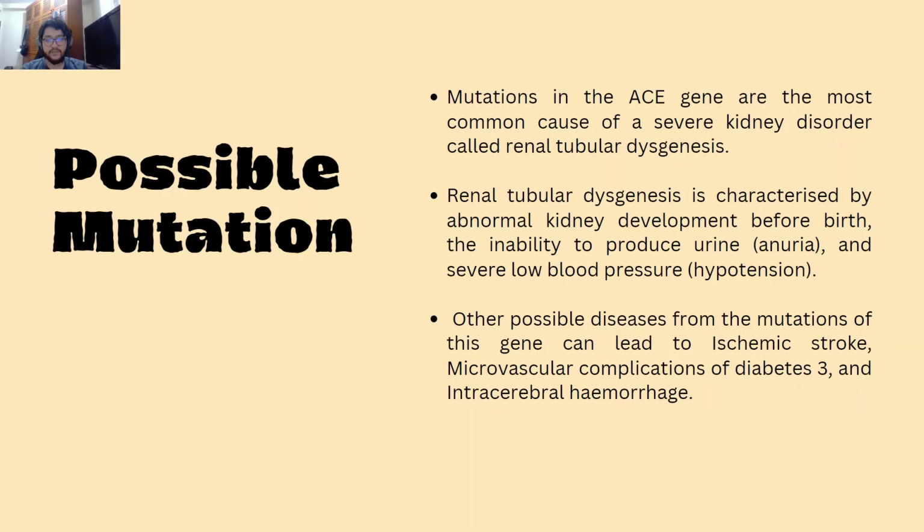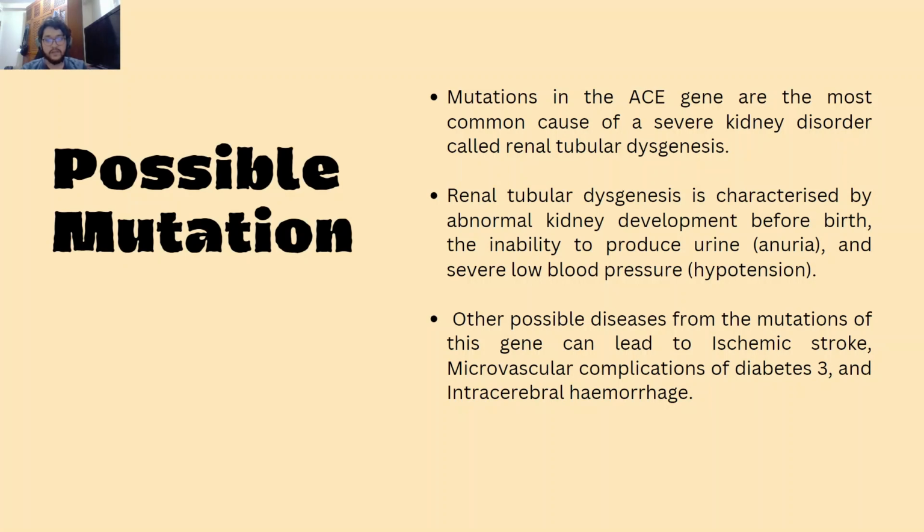There are numerous possible mutations that can occur, which can lead to diseases. The mutation in the ACE gene is the most common cause of a severe kidney disorder called renal tubular dysgenesis.